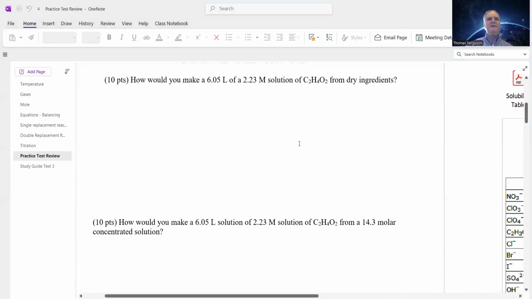Okay, so tomorrow I'm going to be giving you a solubility table, a common ion chart, periodic table, and a metal activity chart for doing single replacement reactions. The first questions are regarding just mixing up stuff to get solutions at different concentrations.